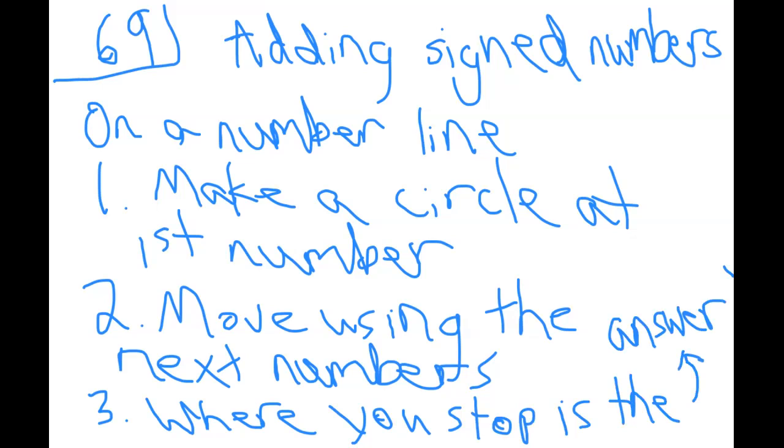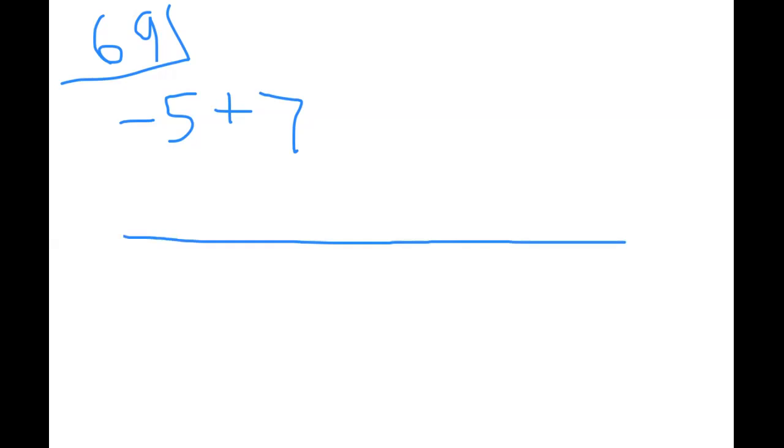So then if I open a little tab here, this is still 69. But if I was to write -5 plus 7 on a number line, so this is a number line, I want to start with -5 and plus 7. So first I want to make sure that I can write -5 on here. Make your number line make sense with the numbers you have.